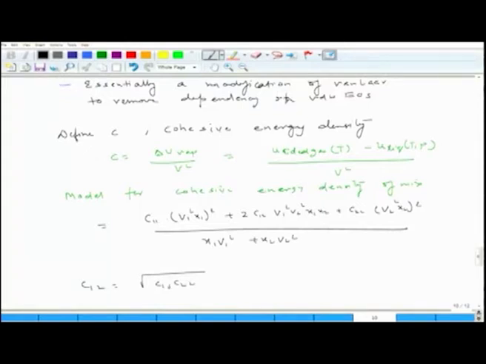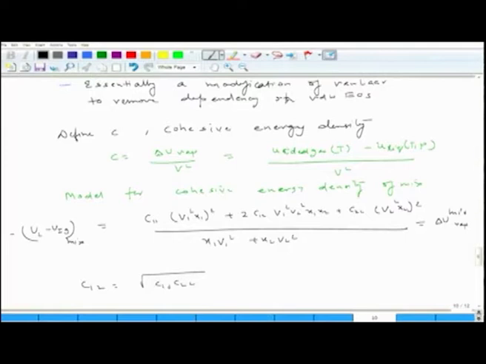This particular term is nothing but your cohesive energy density of the mixture, which is defined in the following way: U of the liquid minus U of the ideal gas mixture, which is also your delta U mix of the vapor.